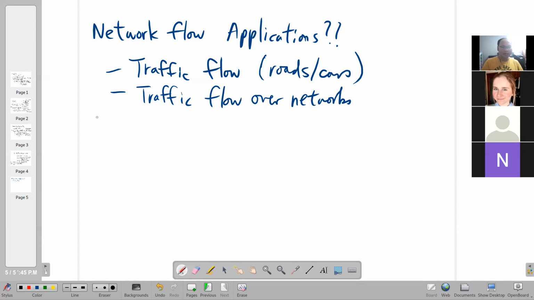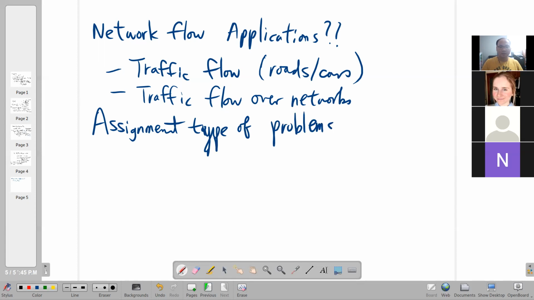And then another class of problems that are maybe a little bit less obvious is what we call assignment type problems. So you have typically multiple types of things.